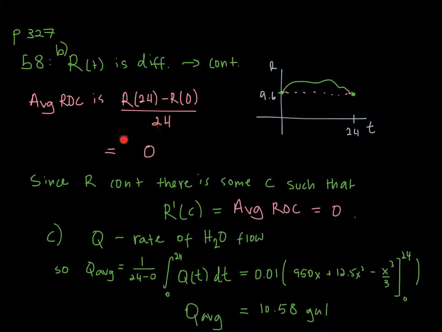So once you find that that average rate of change is 0, you can say since r is continuous, and we know r is continuous because r is differentiable, and if something's differentiable, then it must be continuous. So since r is continuous, the mean value theorem, and this is important to your answers, why I'm including it now, the mean value theorem guarantees that there is some c such that r prime of c is equal to this average rate of change, which is equal to 0.